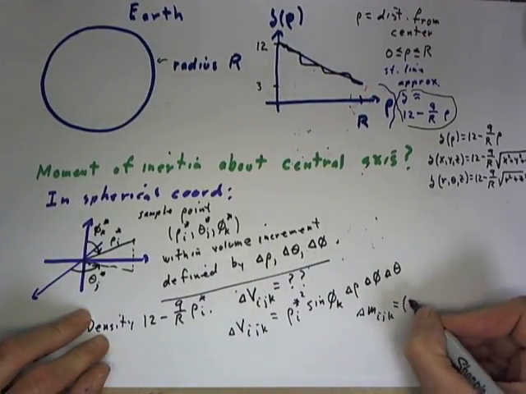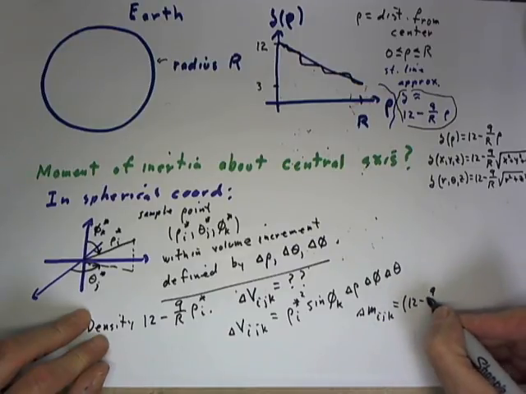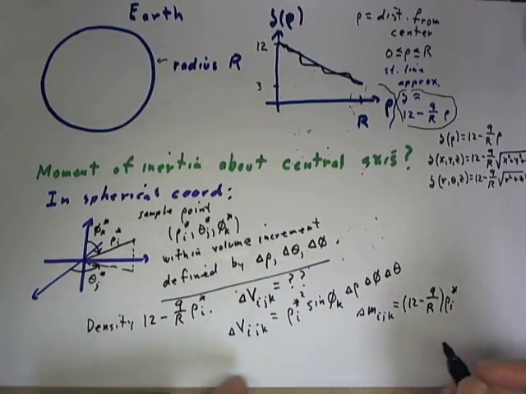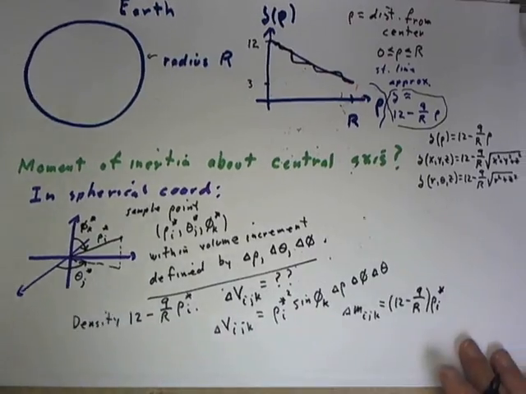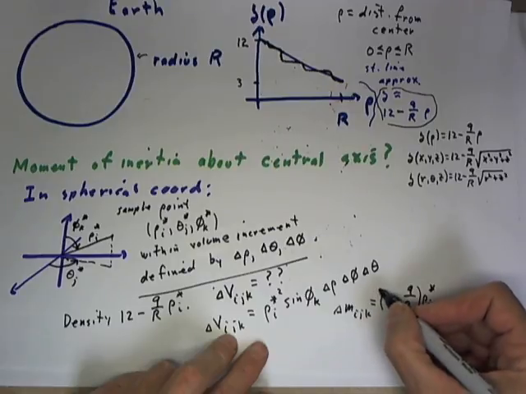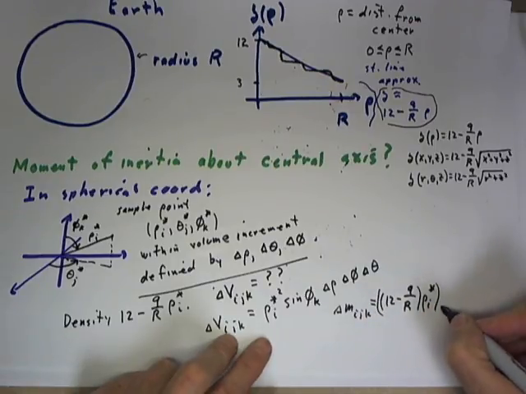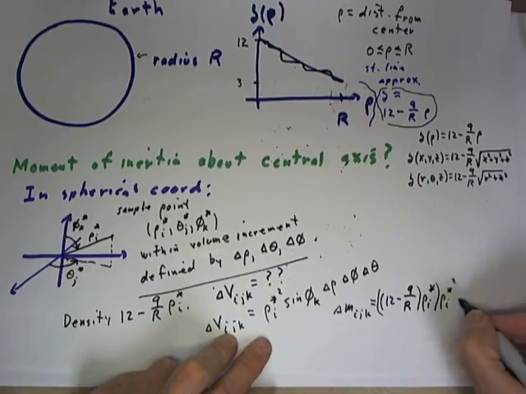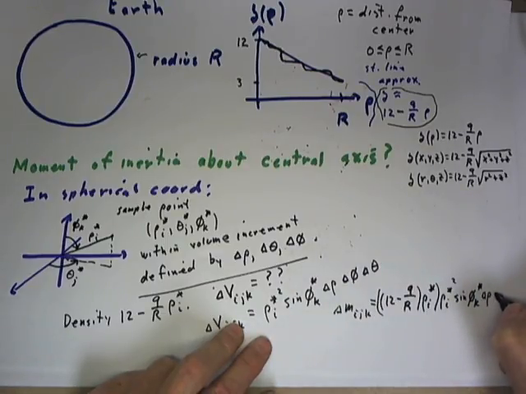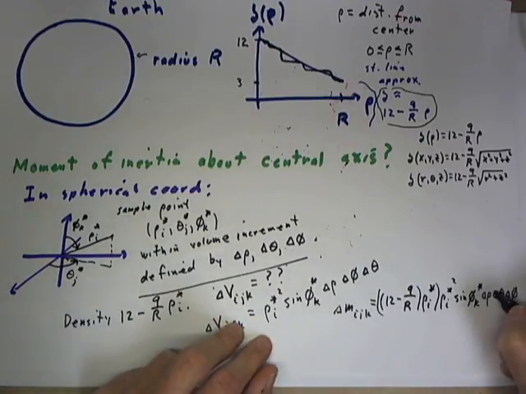That's going to be 12 minus 9 over r rho sub i star, multiplied by our volume increment, which is rho i star squared sine phi k star, should have a star on it here, times delta rho, delta theta, delta phi. And these increments can be written for now in any order.